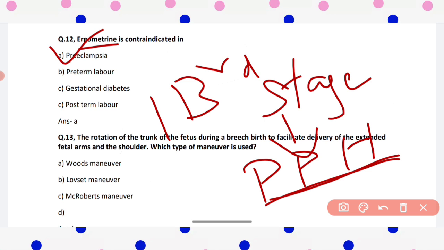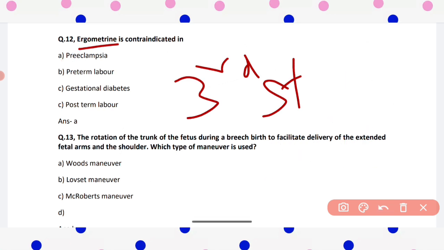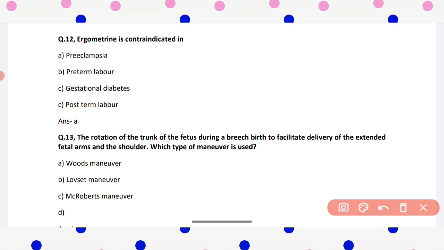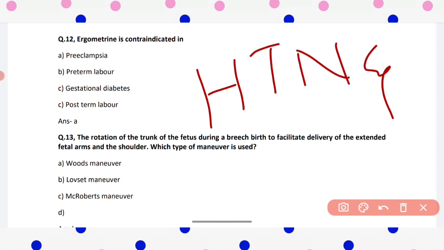Increase in the blood pressure. And it will also cause angina-like pain, because of the contraction of the coronary artery. So this drug is contraindicated in patients suffering from hypertension as well as cardiac disease. Contraindicated in hypertension and cardiac disease.